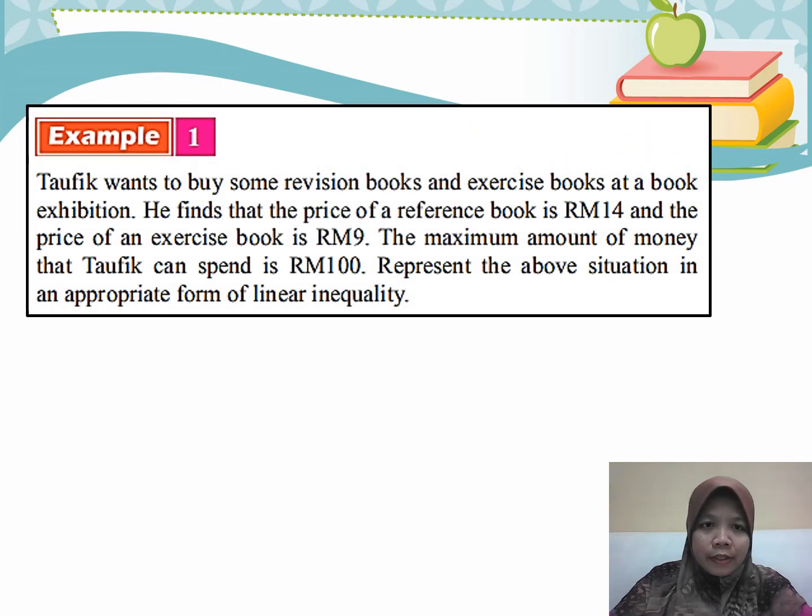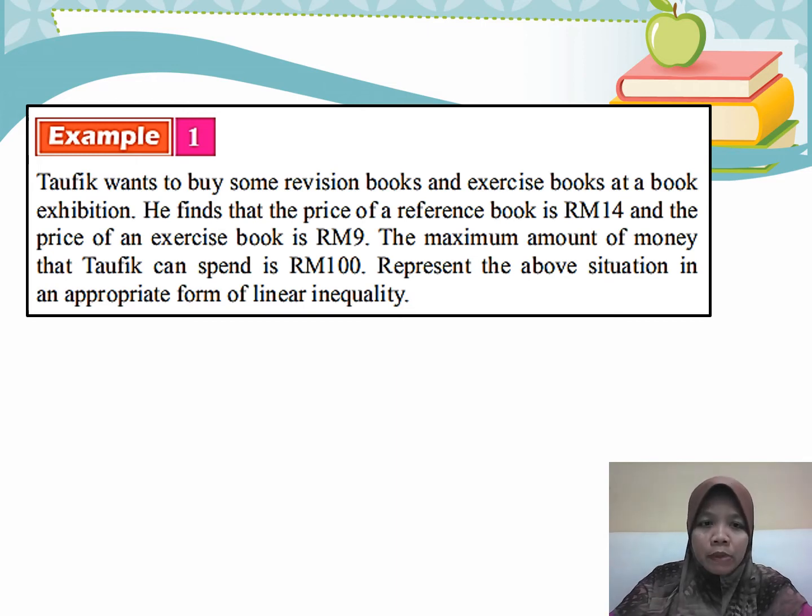Okay, class, I give you one example. Taufik wants to buy some revision books and exercise books at a book exhibition. He finds that the price of a reference book is Rm14 and the price of an exercise book is Rm9. The maximum amount of money that Taufik can spend is Rm100.